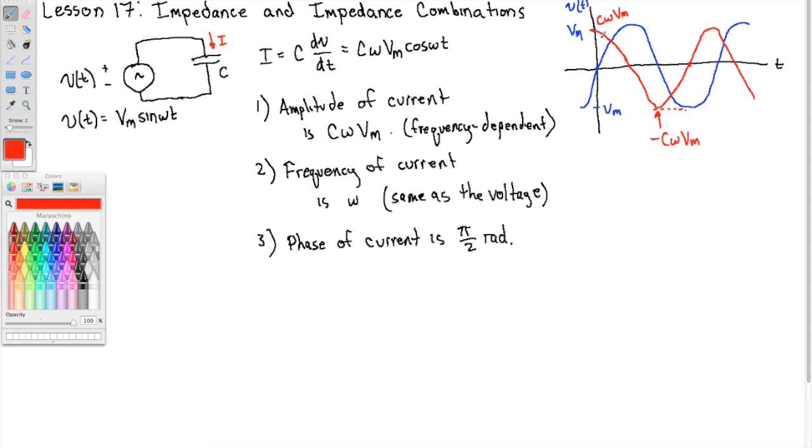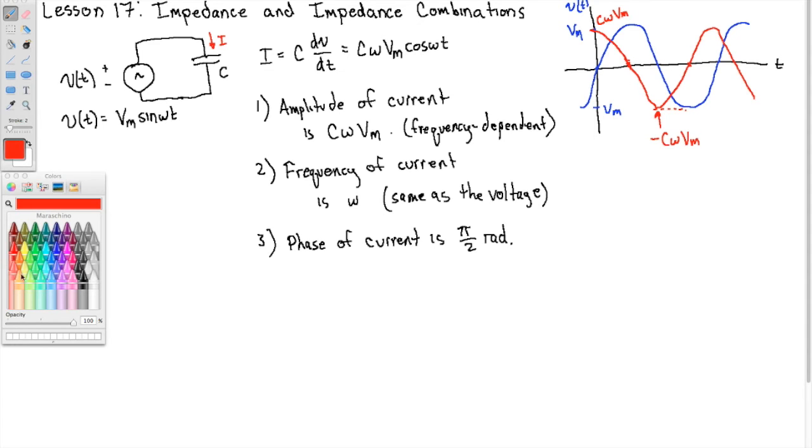All right, and which waveform here is leading? Well, we talked about this a couple videos ago, and it looks to me like the red is leading, right? Because, for instance, the red hits its downward going 0 crossing first in time, and then the blue wave hits its downward going 0 crossing a little bit later.